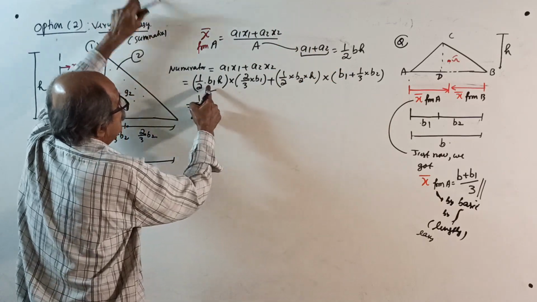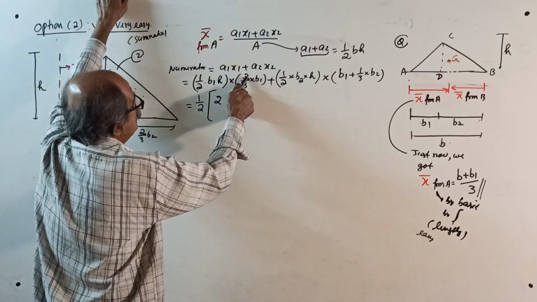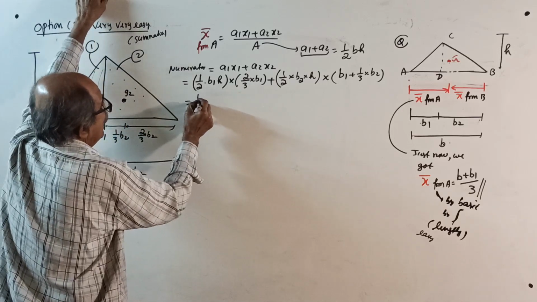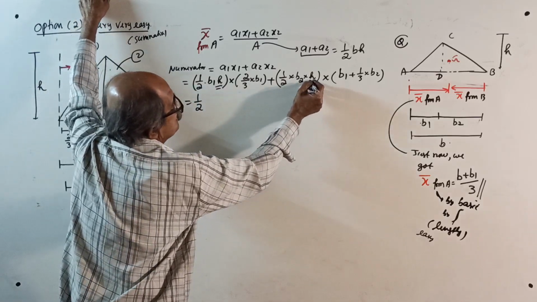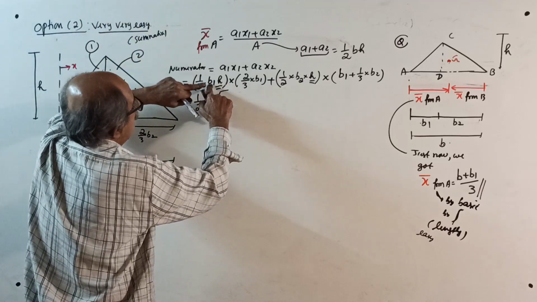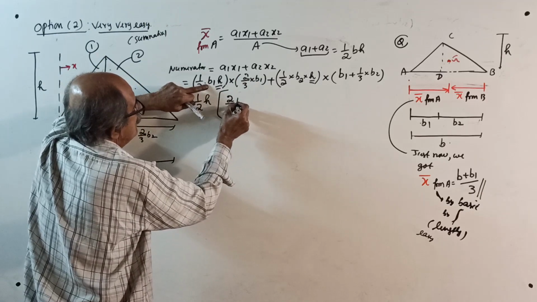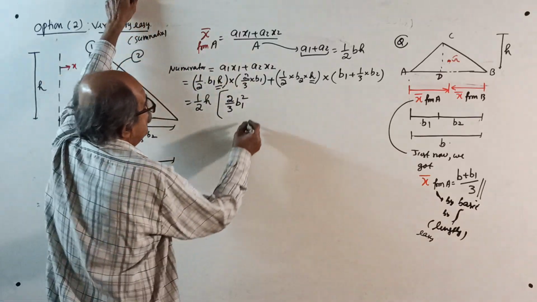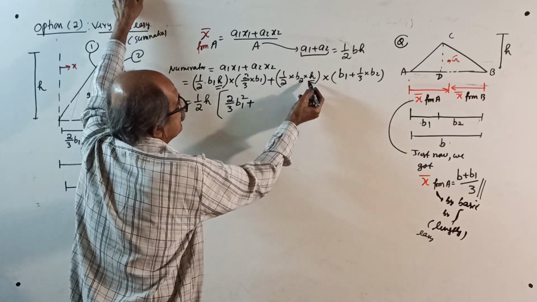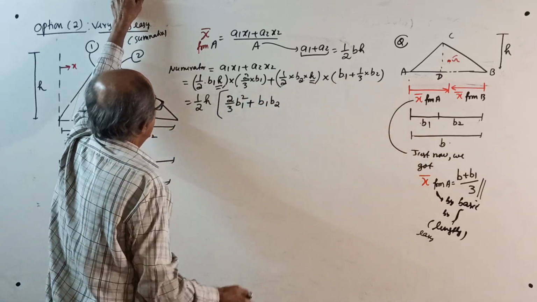Half into B1 into H into 2/3 B1. You can do one thing. You can take half and also H outside. Half into H you can take outside. So when you take half into H outside, B1 into 2/3 B1 is 2/3 B1 square, plus, half H taken out, B1 into B2, correct?